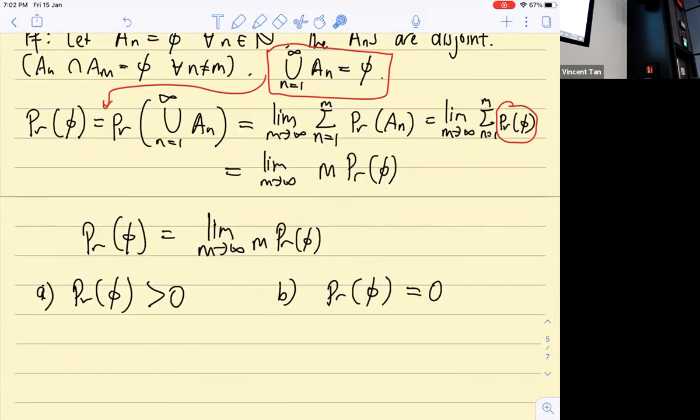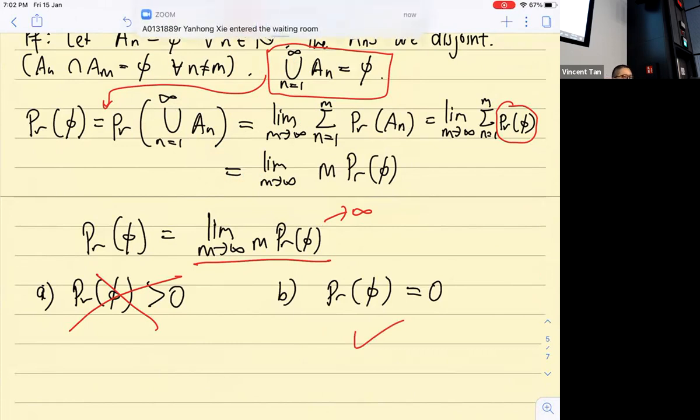But this case is impossible, right? Because if it is positive, then the right-hand side here would tend to infinity. The left-hand side is finite, at most 1. This is a contradiction. And so this is the only choice left. So that's the proof.